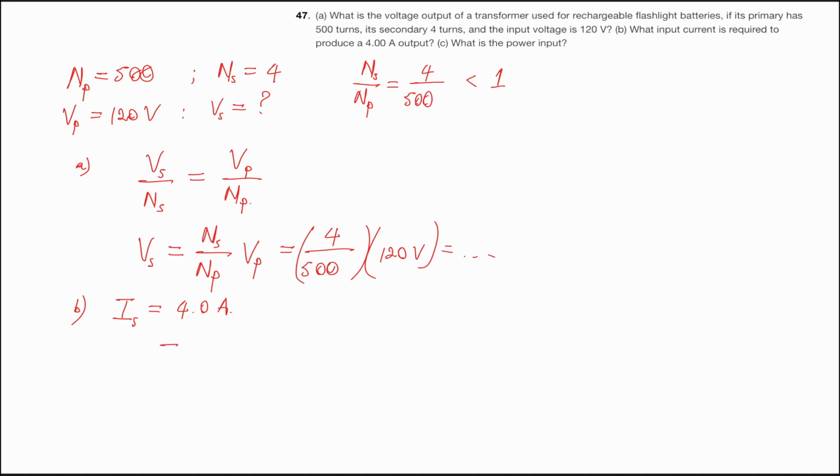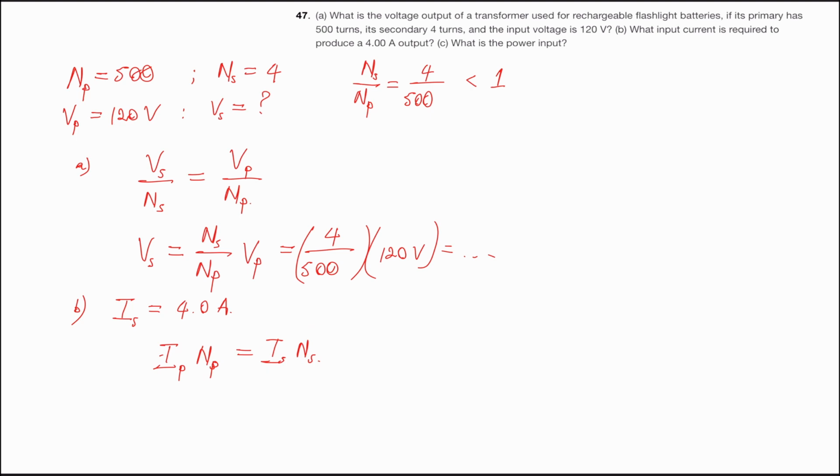Well, we know again from the law of transformers related as far as currents are concerned, it is given by this. We do know the number of turns on the primary, the number of turns on the secondary. We have a target output current. Now we'd like to find what must the input be in order to achieve this output for this particular transformer with these number of turns, both on the primary and the secondary.